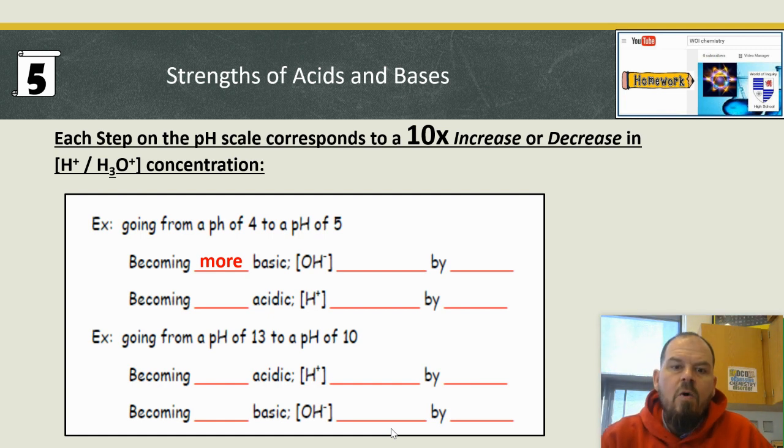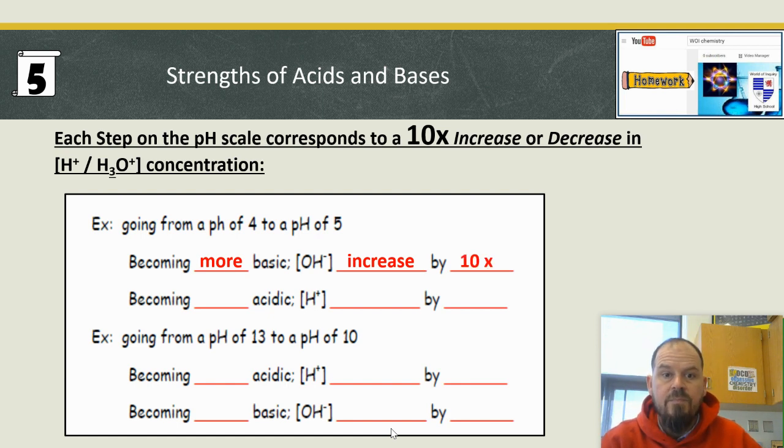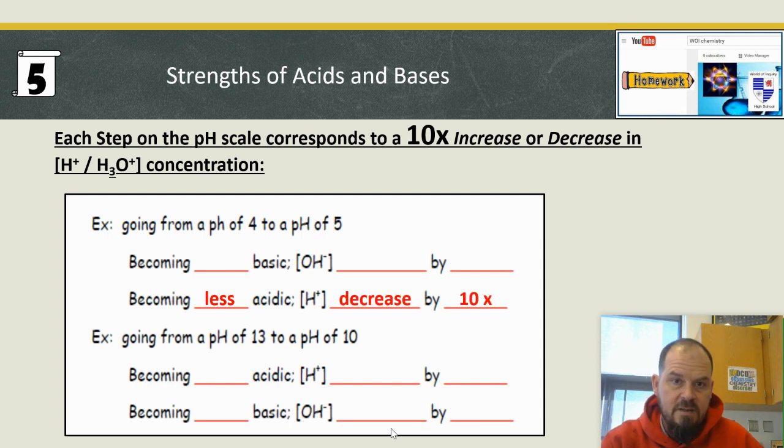So now my OH concentration must be increasing, and now by a factor of 10 because my pH difference is only 1. If I'm becoming more basic, then I'm obviously becoming less acidic. My H plus concentration must be decreasing by what? Oh, another factor of 10 because the pH only moved 1 time.